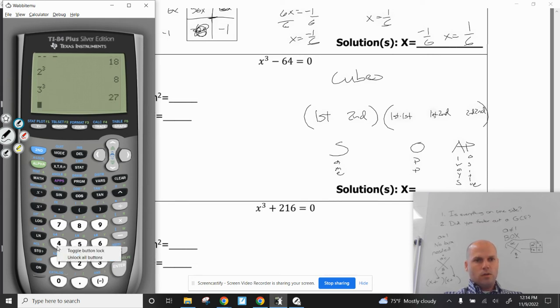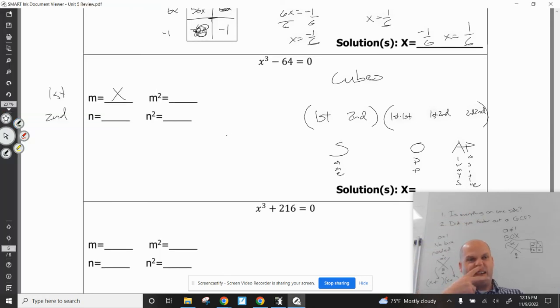You can have a running number going here. 4 cubed is 64. So what I call my second, this is the whole n, is the number 4, because 4 times 4 times 4 is 64.